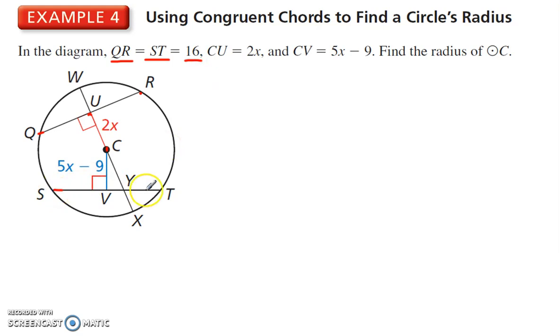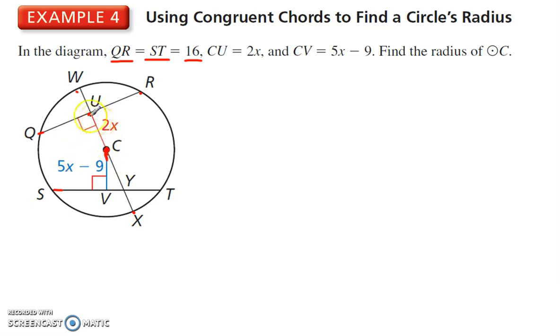ST and QR are 16. We know CU is 2x and CV is 5x minus 9. We want to find the radius. Now notice we don't have the radius. Well, we have the radius here and here, but we might not be able to find this one, so we're going to use triangles to find the radius.